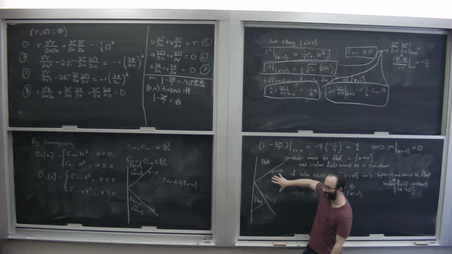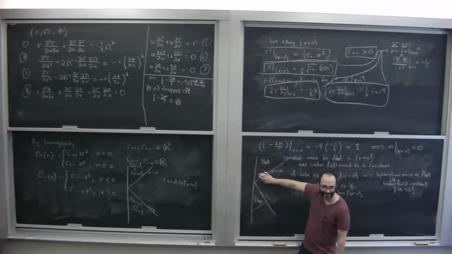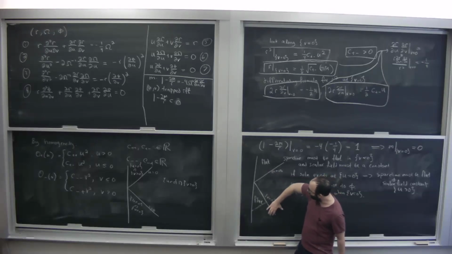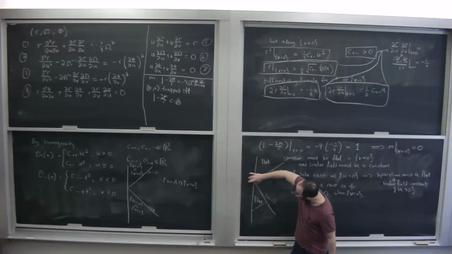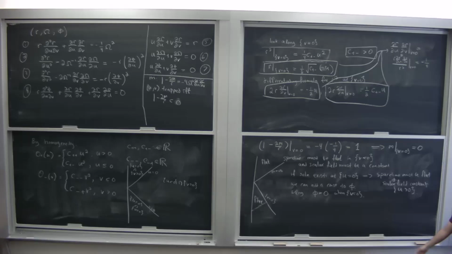So we don't know what's going on here, or if the solution exists. In fact, getting ahead of myself a little, there will be settings in which it doesn't exist up to u equals 0. We'll see that. But at any rate, it's evocative of that. Some non-trivial geometry starts here, shoots in, and then bounces perfectly and comes out. It's pretty remarkable that even in this simplified system, after imposing spherical symmetry, some structure like that is still there.